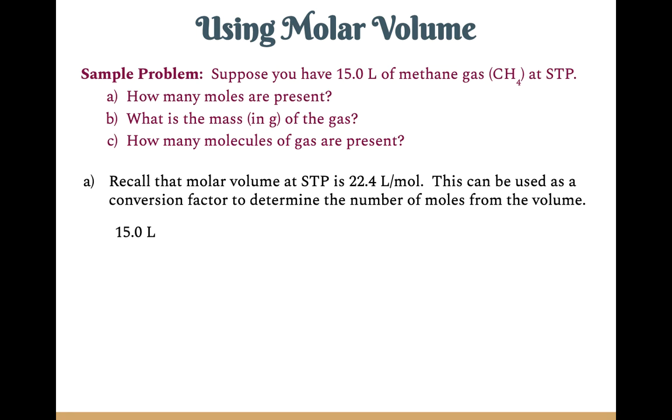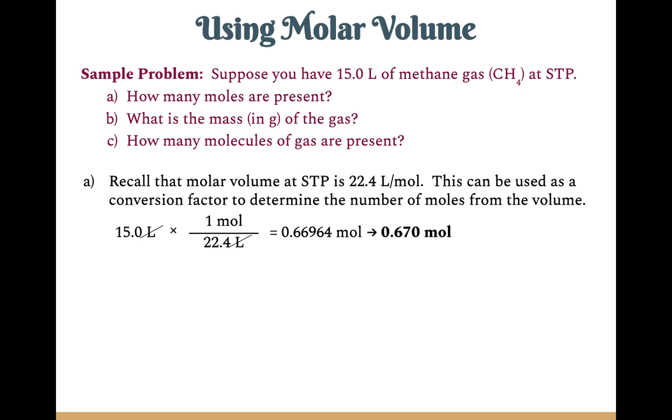So if we use it as a conversion factor, we take the volume, and we know that 22.4 liters is equal to 1 mole. So we set up our conversion factor, and we find that we have 0.66964 moles in that 15 liters of methane gas. And to the correct number of significant figures is 0.670 moles.